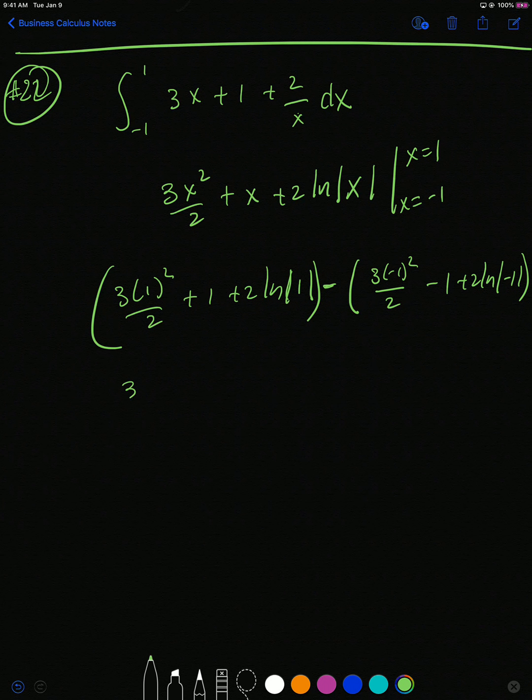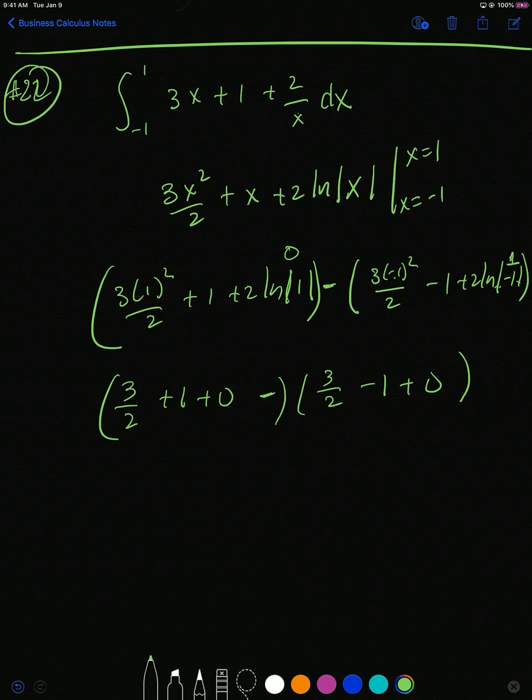That is going to be 3 halves plus 1. ln of 1 is actually equal to 0. Try it on your calculator. So that's plus 0, minus 3 over 2, because negative 1 squared is 1, half, minus 1, again plus 0. The absolute value of negative 1 is just 1. ln of 1 is 0. So that is 3 halves plus 1.